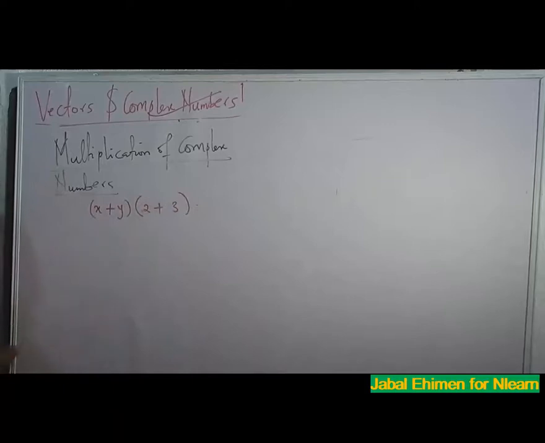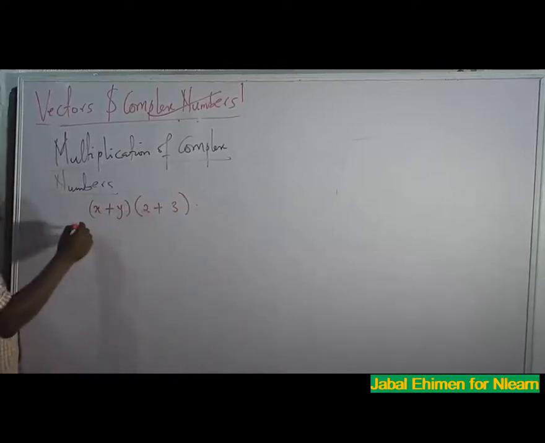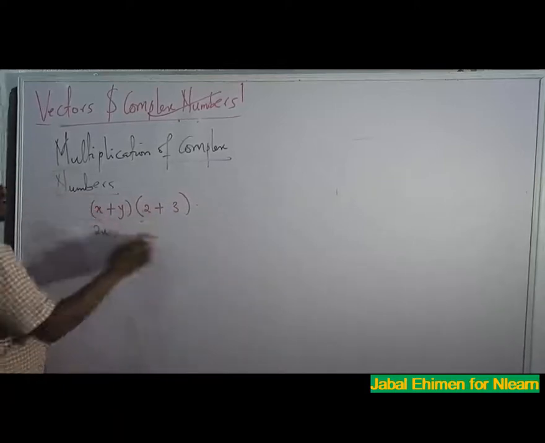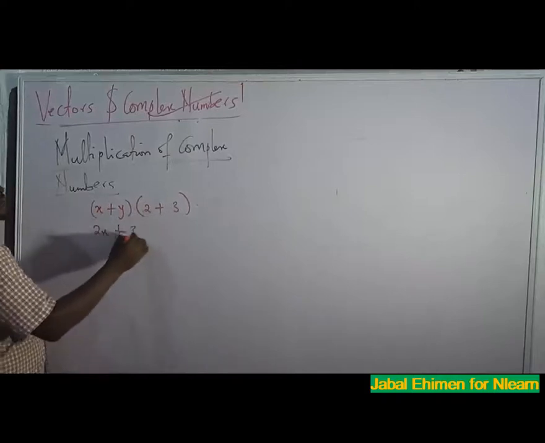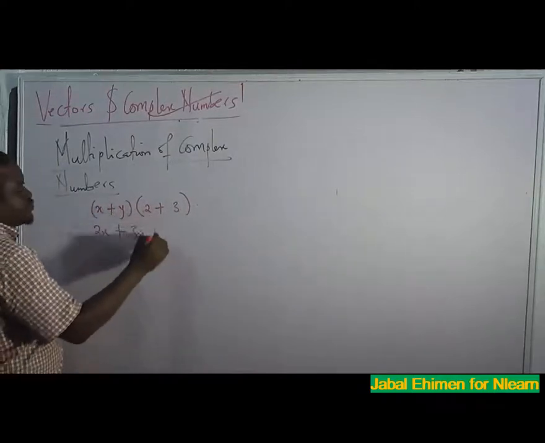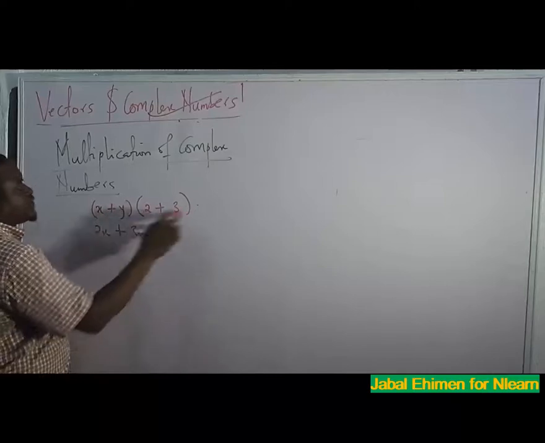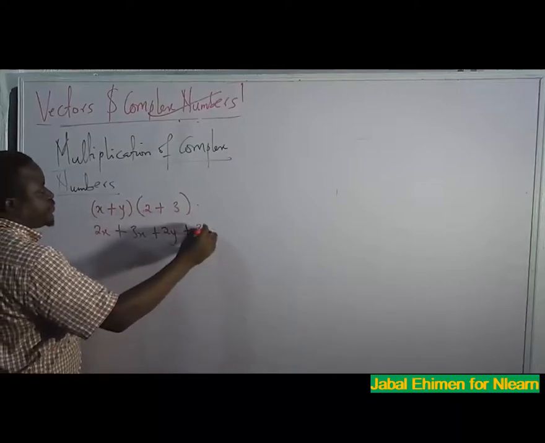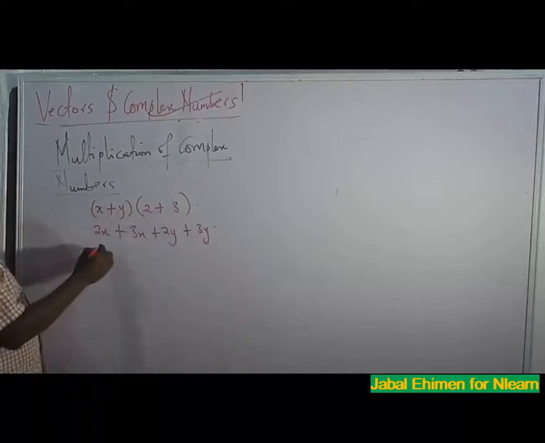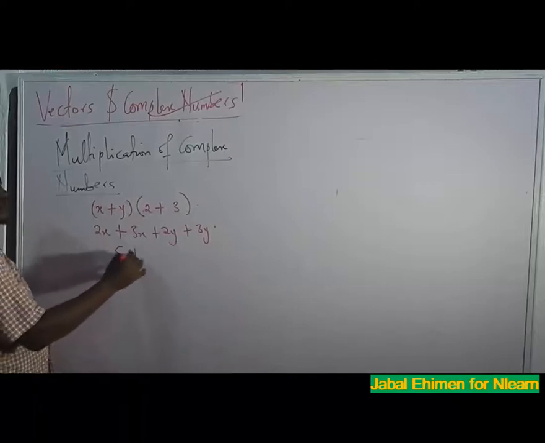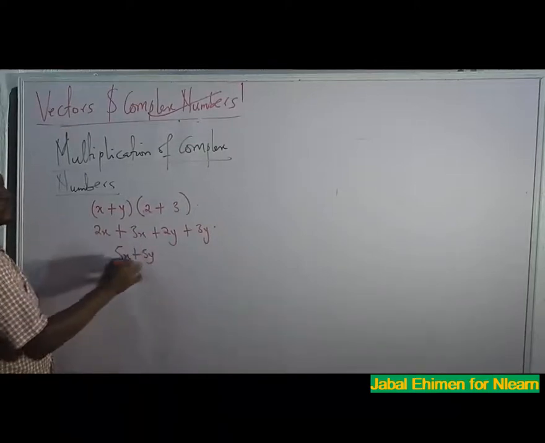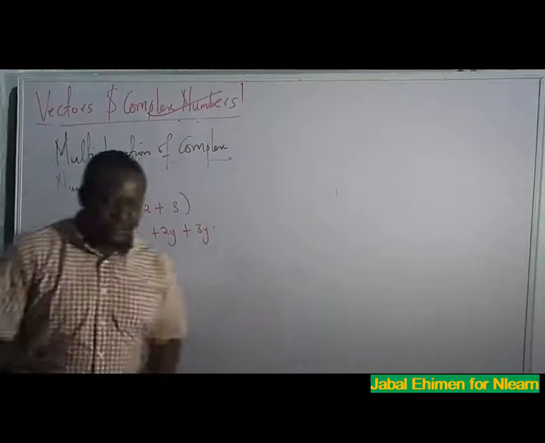If you want to multiply it, what do you do? You say x times 2, that's 2x. x times 3, 3x. y times 2, 2y. And y times 3, that's 3y. So automatically that gives us 5x plus 5y. That is your normal multiplication.